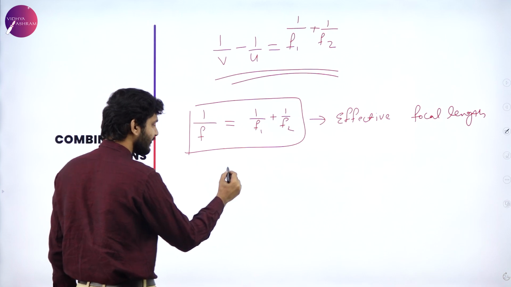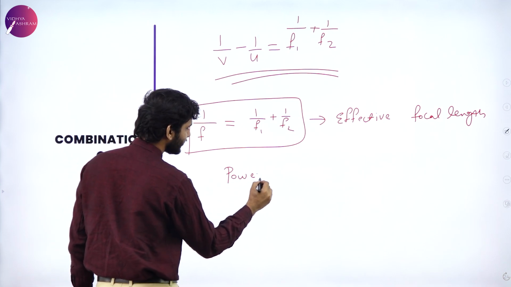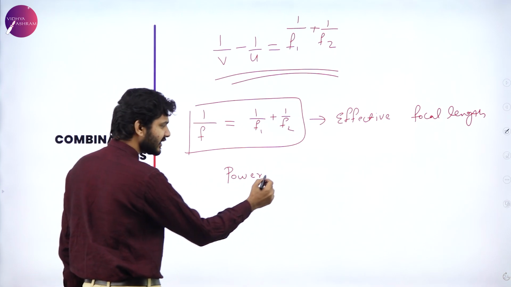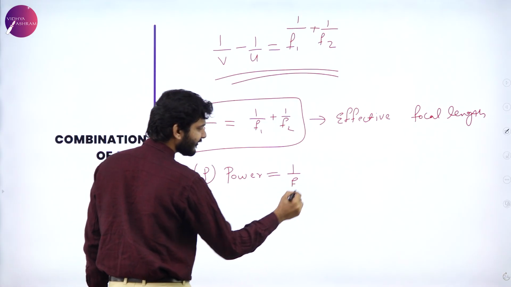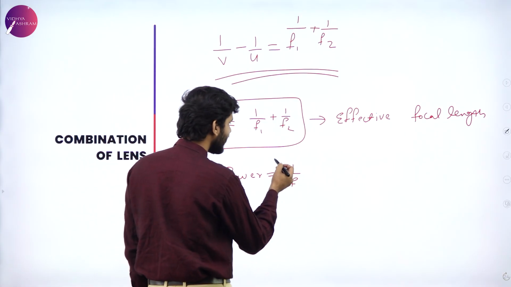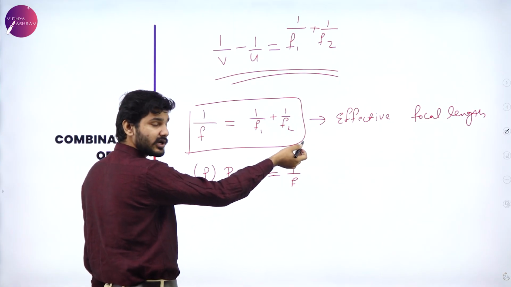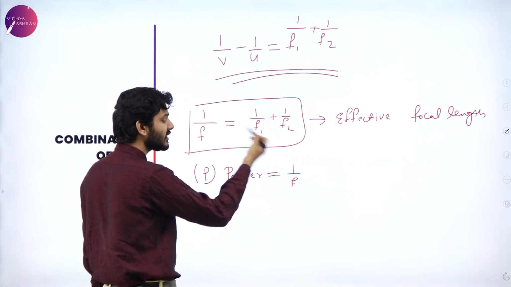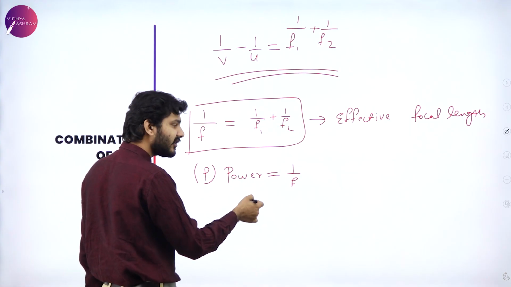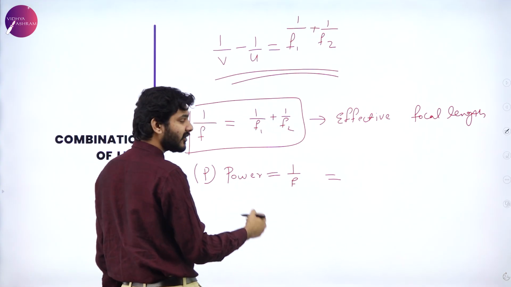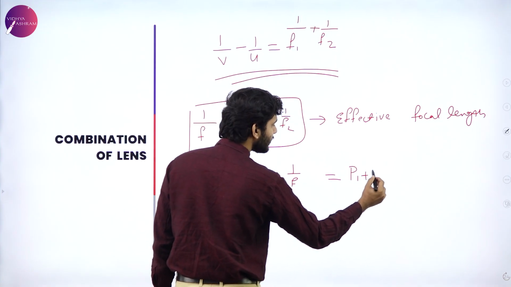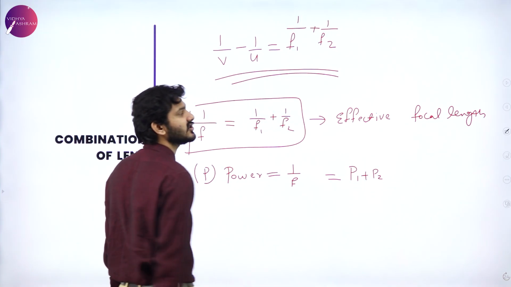And similarly, if we take the case of power also, power P is nothing but 1 by F expressed in meters. So if the effective focal length is the sum of the different focal lengths, then the effective power will also be equal to P1 plus P2 plus so on.